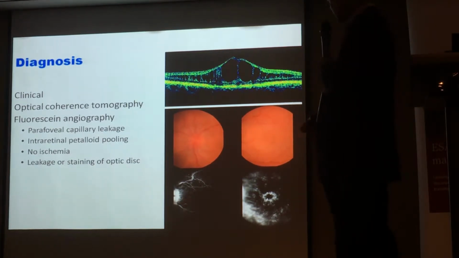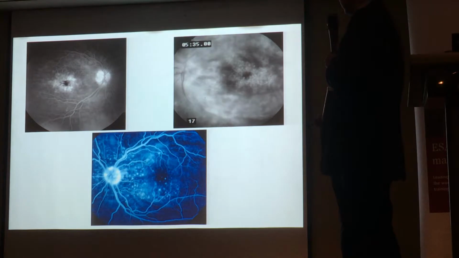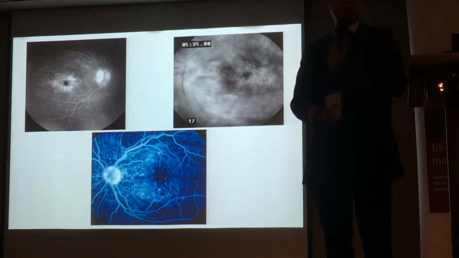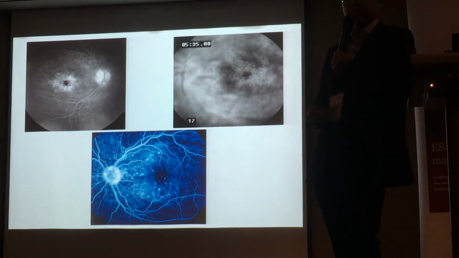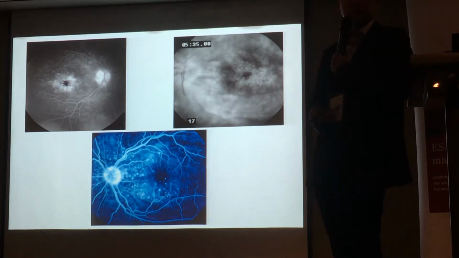And FA will help you because there is the staining and leakage from the disc, and you don't see the typical microaneurysms which you would expect in diabetic macular edema. In which case, then you make a diagnosis of pseudophakic cystic macular edema. These are some other examples of how fluorescein shows you the accumulation of dye in the retinal space, but also the peripheral changes are equally important, retinal vasculitis and ischemia.